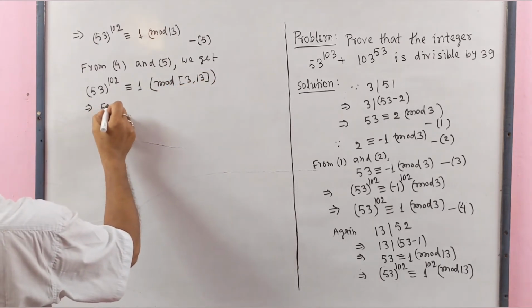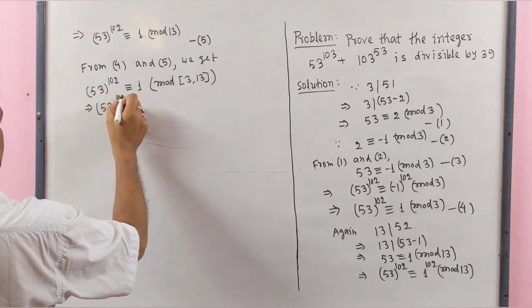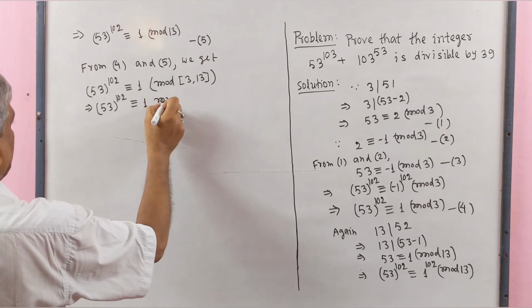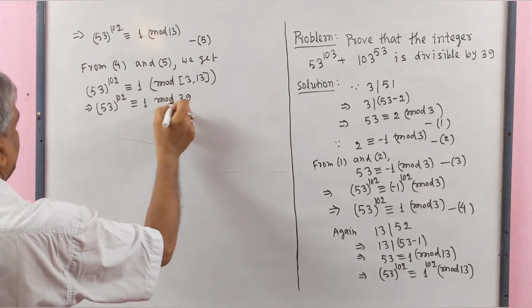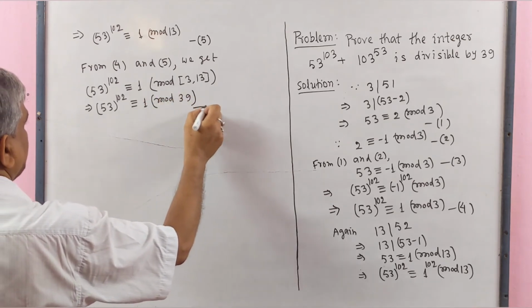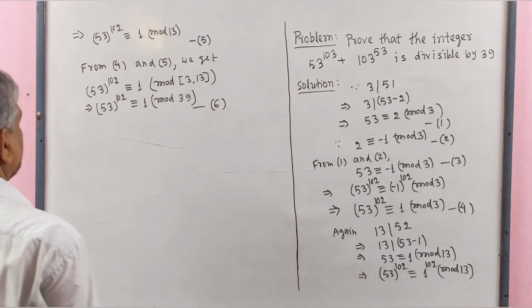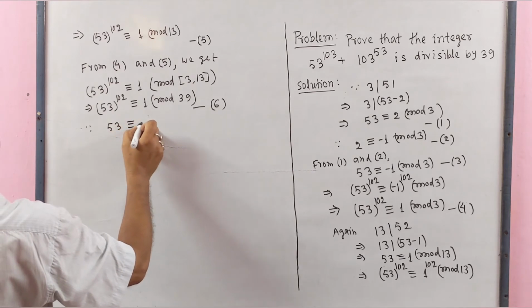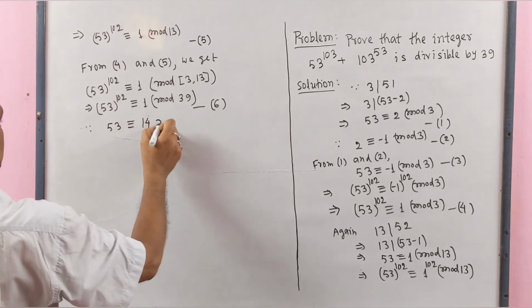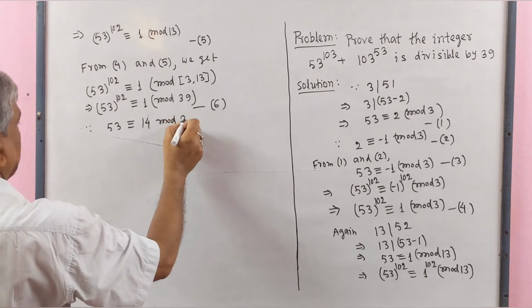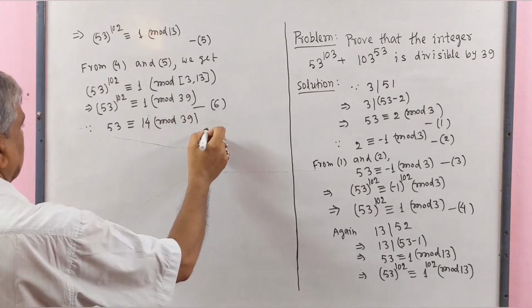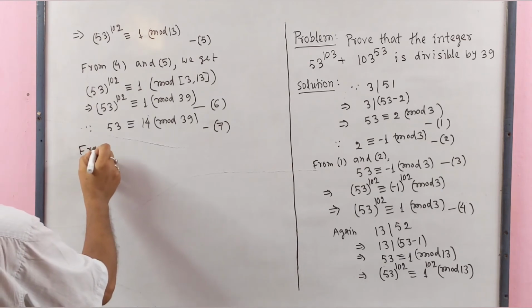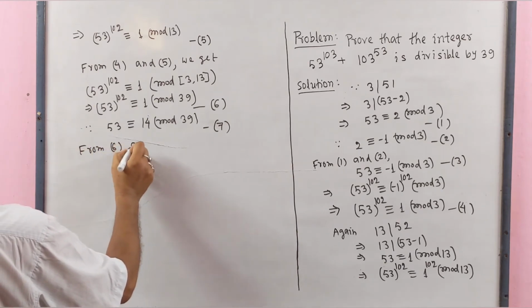Implies that 53 to the power 102 is congruent to 1 modulo 39. This is number 6. Since 53 is congruent to 14 modulo 39. This is 7. From 6 and 7.